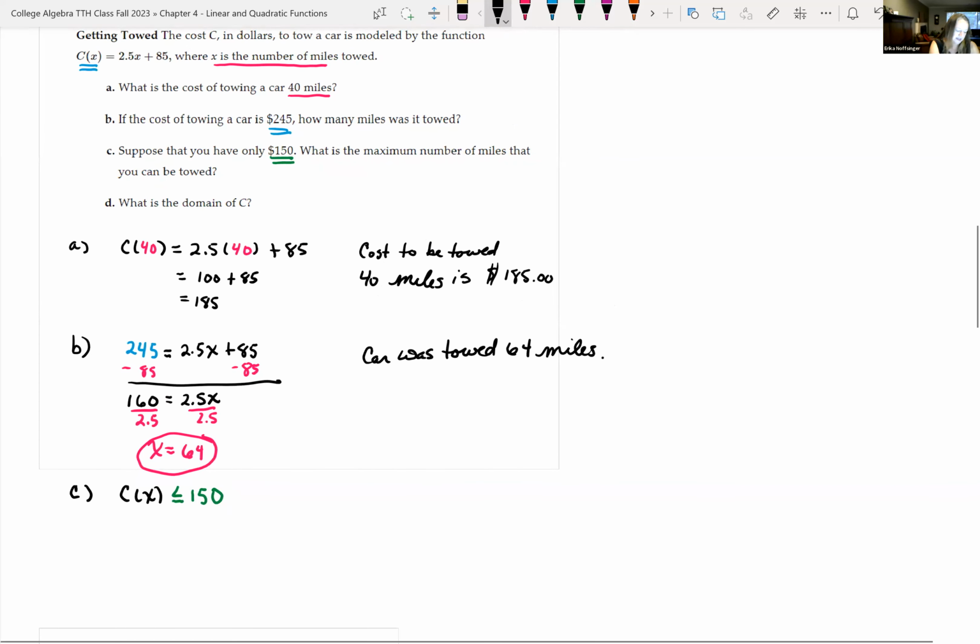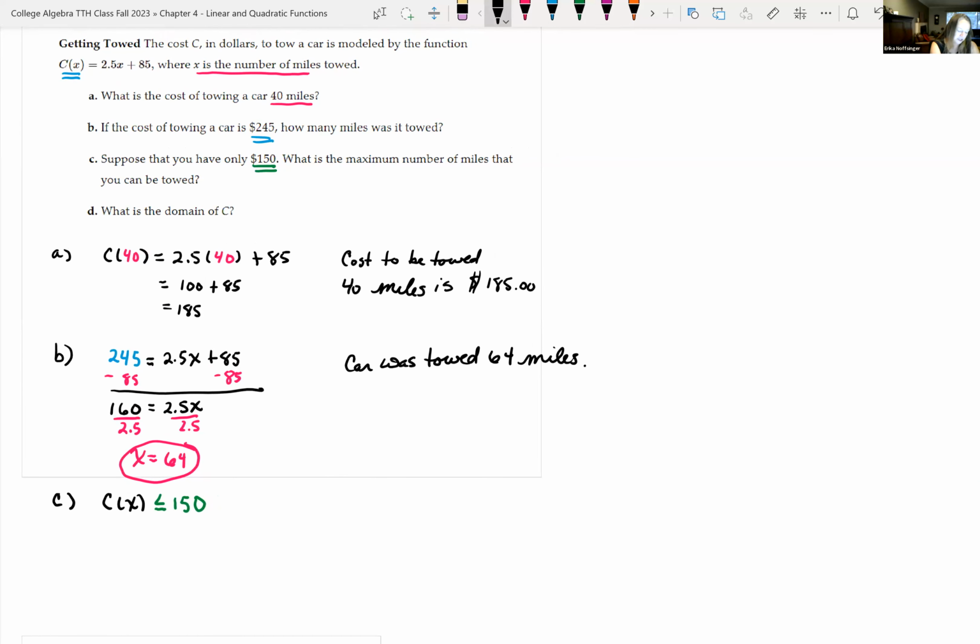Okay, so looking at this, we have our cost function, which is 2.5x plus 85 is equal to 150. Let's subtract 85 on both sides. So I have 2.5x is equal to 65.